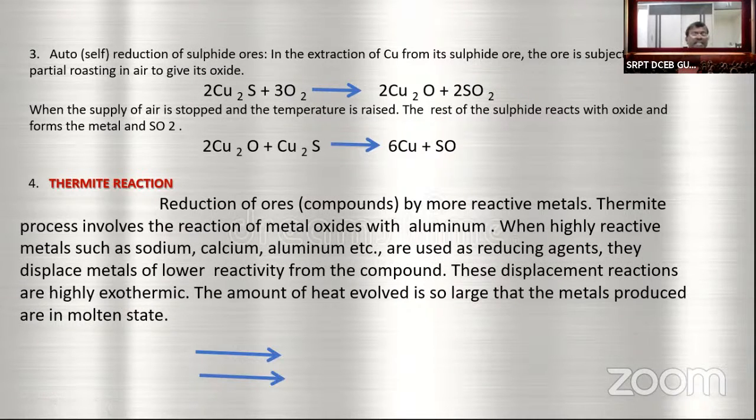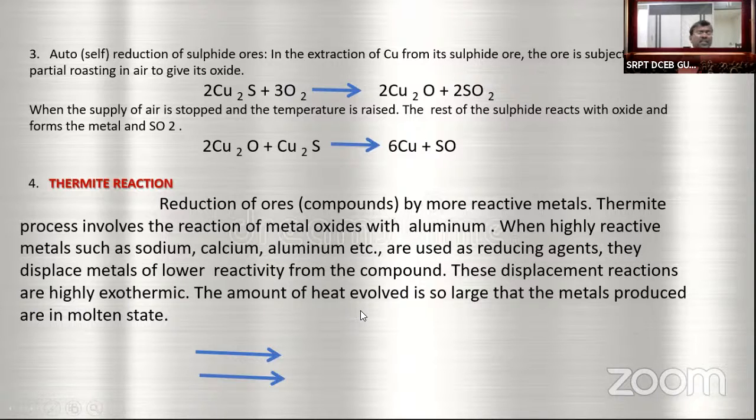The highly reactive metals, when added to the moderately reactive metal ores, what happens? The highly reactive metals like aluminum or sodium or magnesium displace the moderately reactive metals from their ores. In this way, we are able to obtain the metals from their ores.